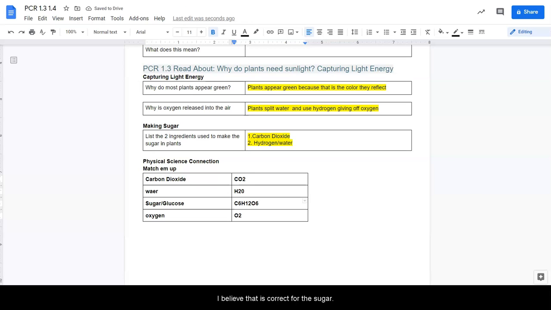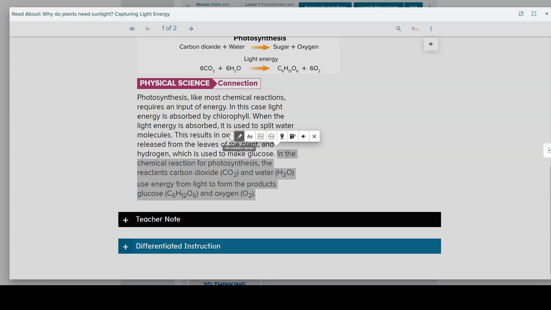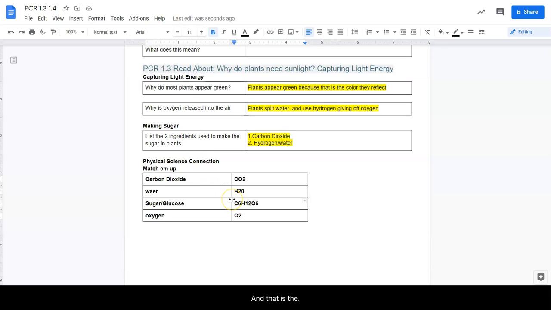And I believe that is correct for the sugar. And that is the gist of this.